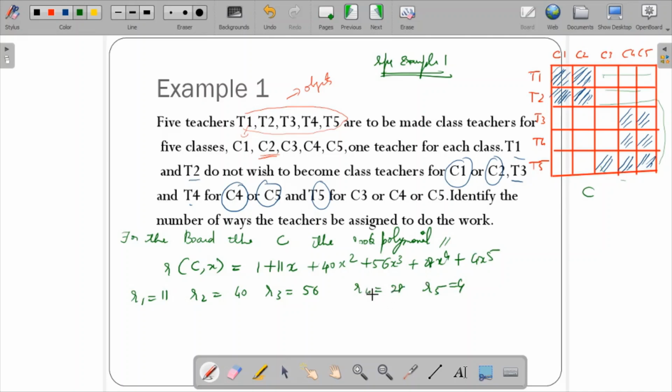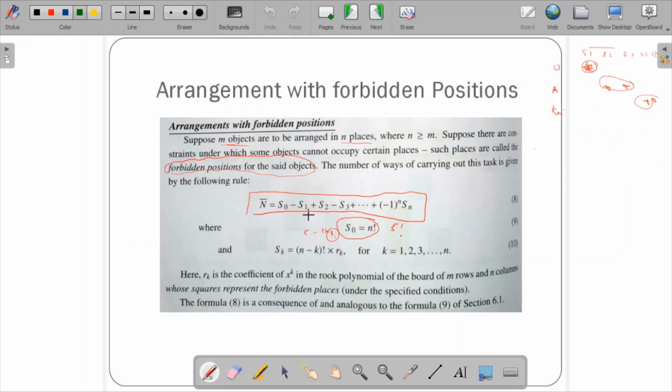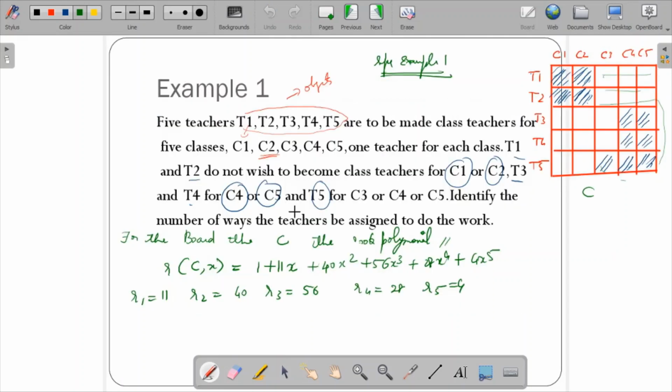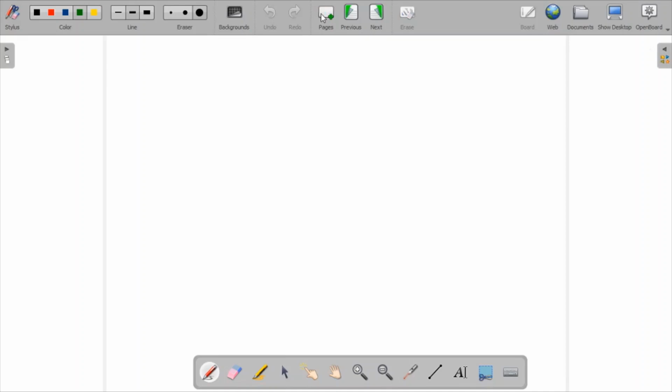Once you have these values, you have to use this particular formula. I'll write it on a new page. Consequently, the rule is, n bar you have to calculate.